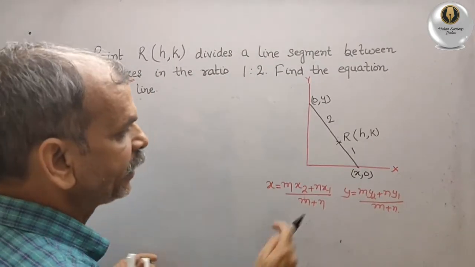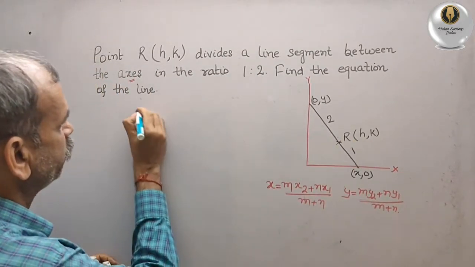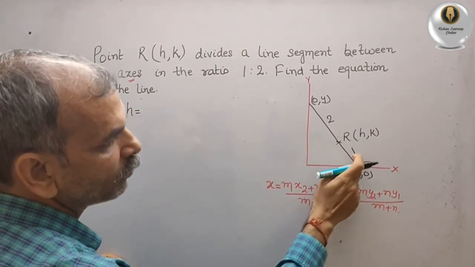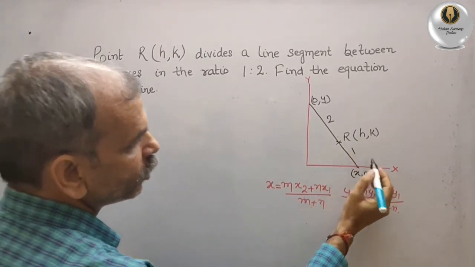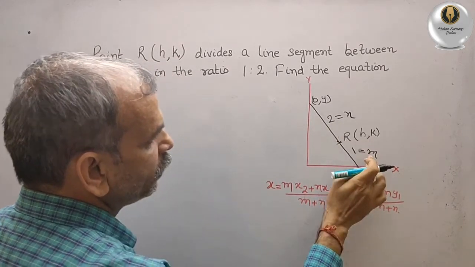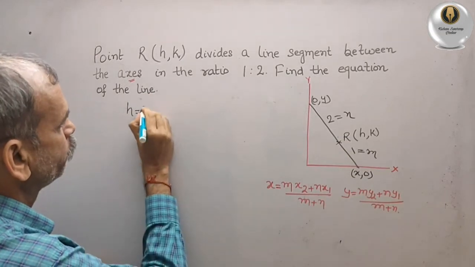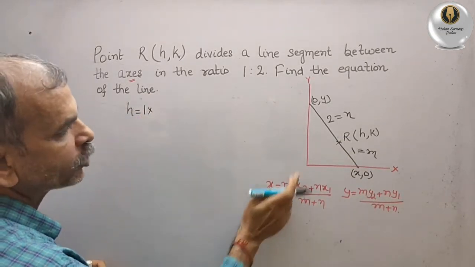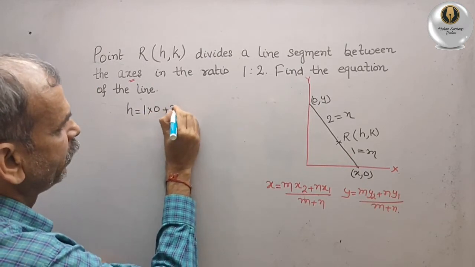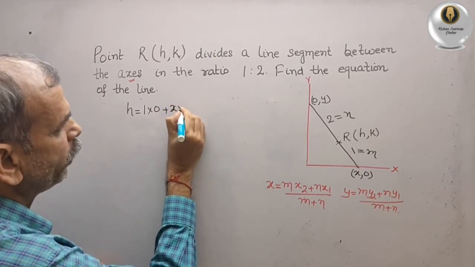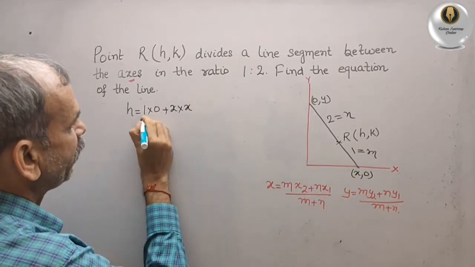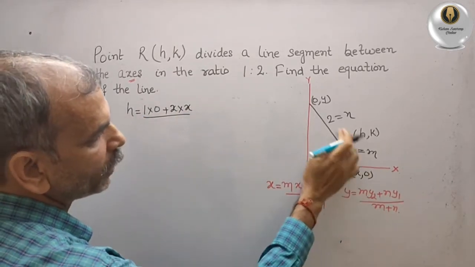Now we will get h is equal to m into x2 plus n into x1 by m plus n. M is what? 1. This is your m and this is your n. So 1 into x2, which is 0, plus n, which is 2, into x1, which is x, by m plus n. 1 plus 2 is 3.